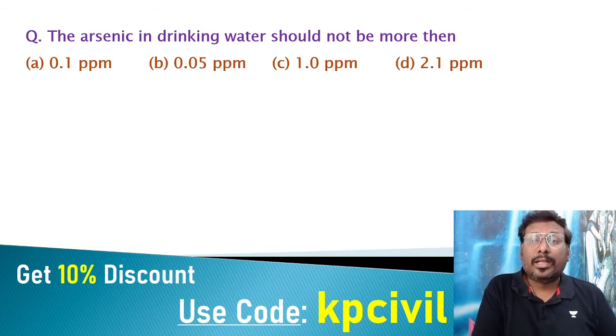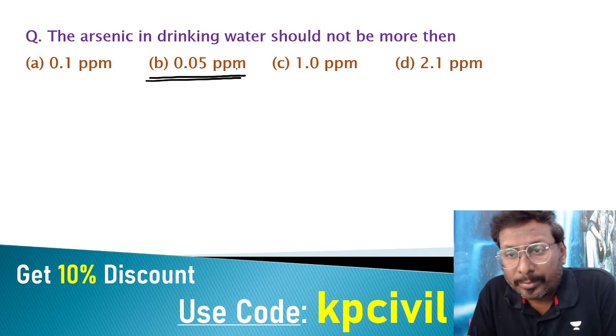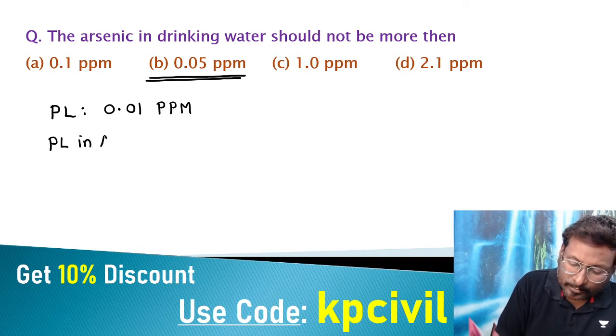Arsenic in drinking water should not be more than 0.05 ppm. Arsenic permissible limit is 0.01 ppm. Permissible limit. So should not be more than they are asking.